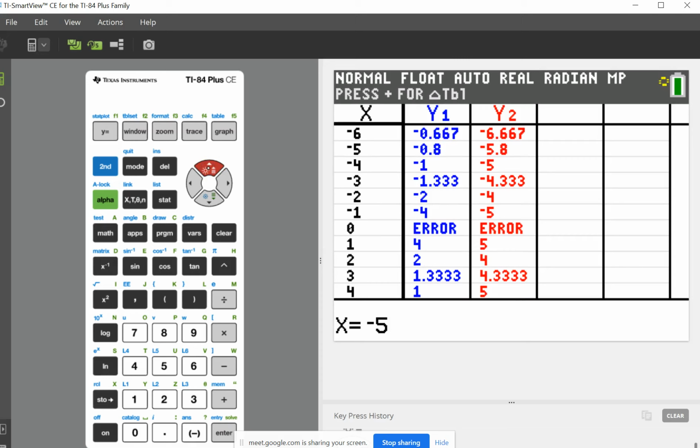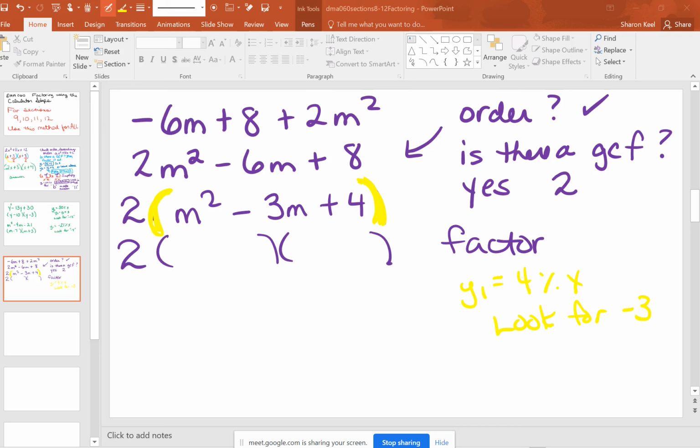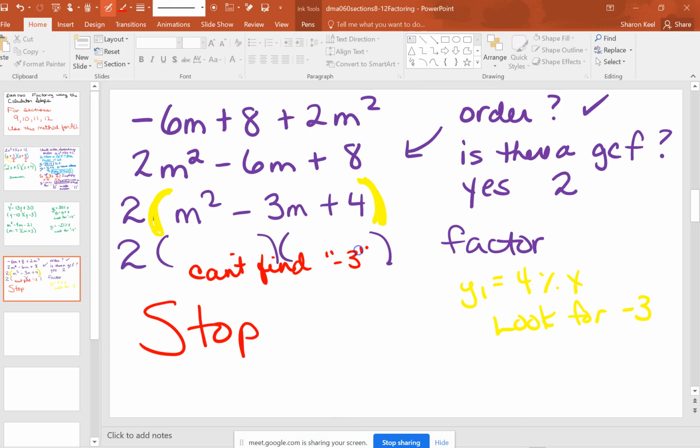And in this case, I can't find a negative 3, can I? So at this point, we're going to stop. So let me write this in red. I'm going to put here, can't find the negative, so stop.